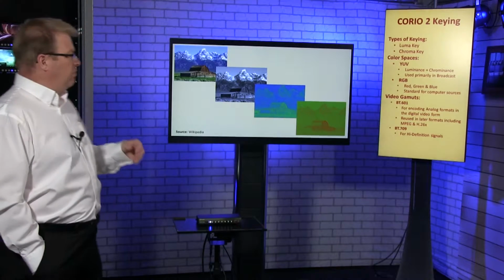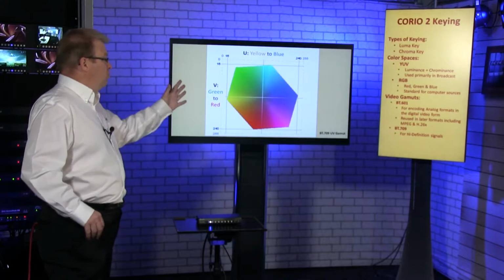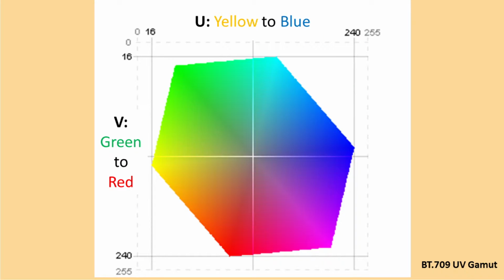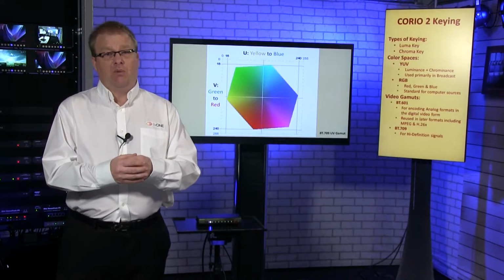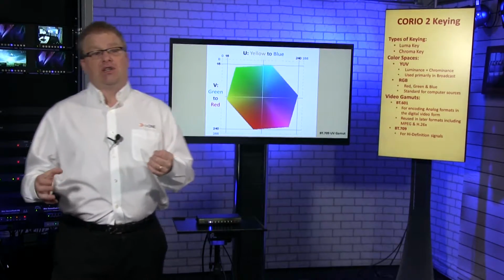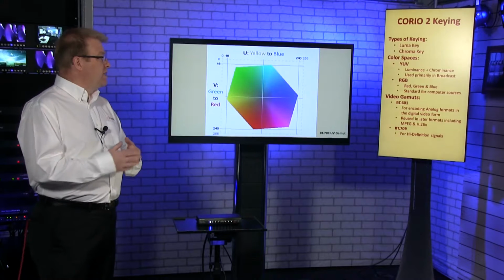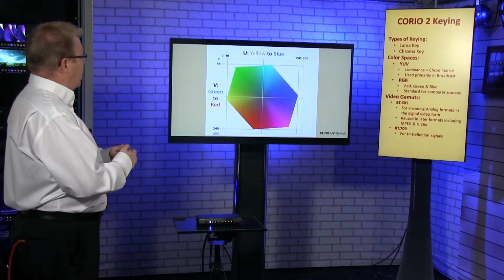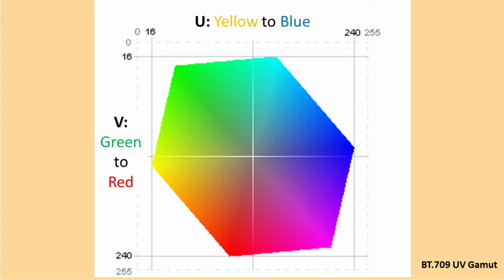Now, to explain YUV a little bit more, this is a really useful chart. You can download these from anywhere on the web. A good place to start is Wikipedia. That's where the last image I showed you was from. In this graphic you can see that this is the YUV color gamut. It's the BT709.